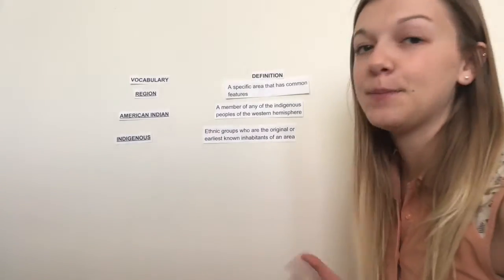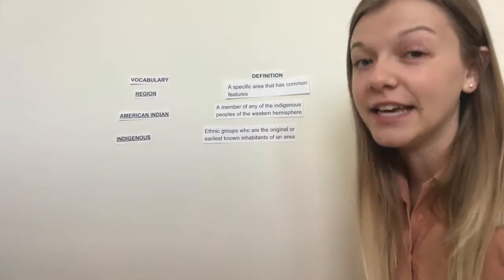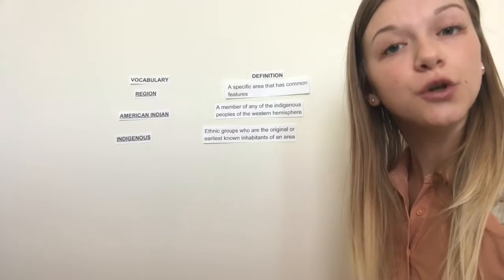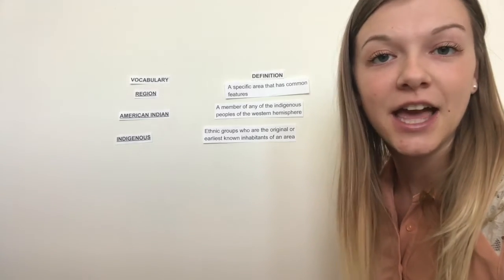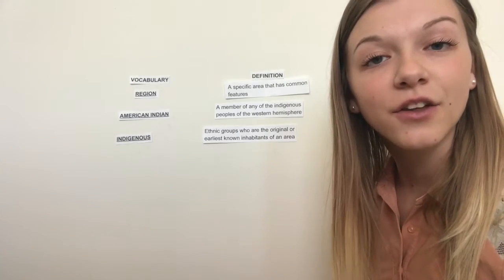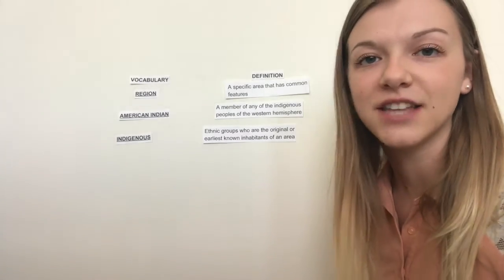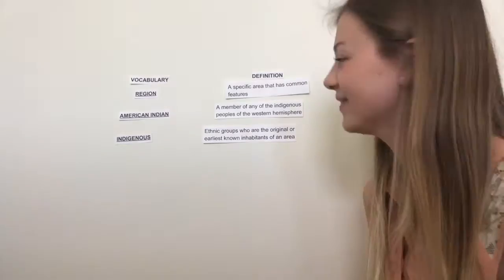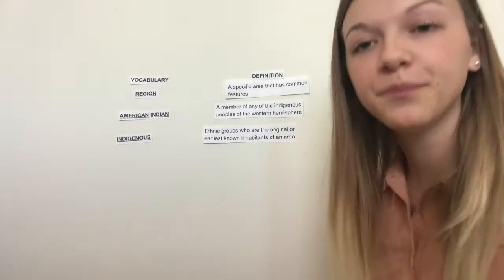So indigenous basically just means that they have lived in a specific place their whole lives. So for American Indians, typically their ancestors have lived there their whole lives, and they have just never left. Indigenous, they're the original group. Okay, we're gonna go ahead and move on to the 4th term.